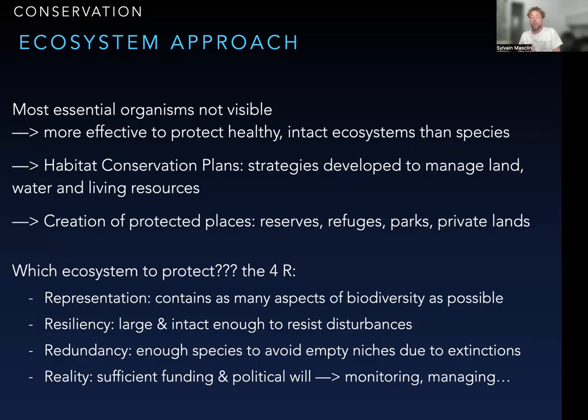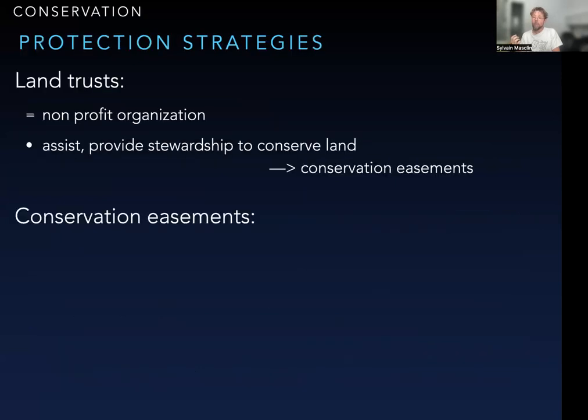So when we come with the ecosystem approach, there are a couple of strategies that can be applied. Usually, we can check with a land trust, which is a non-profit organization specialized in developing conservation protection plans.